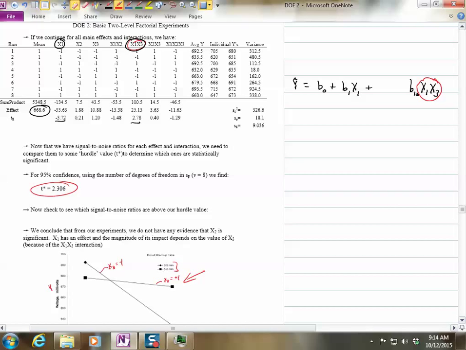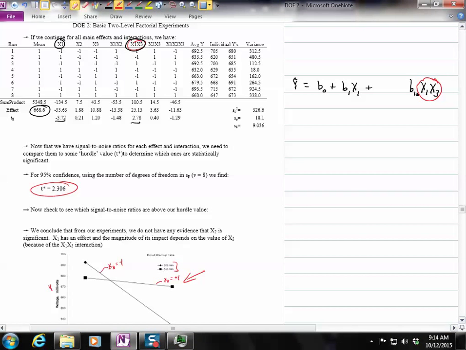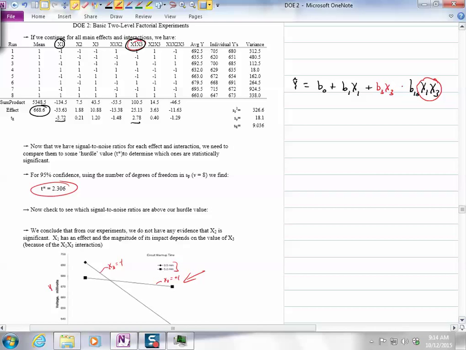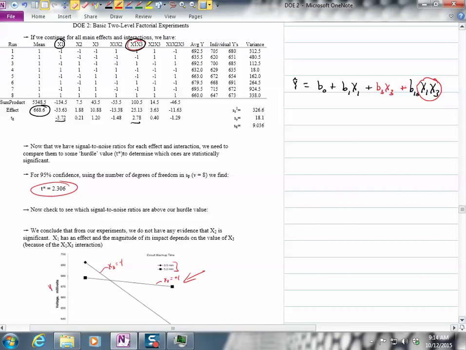Because X1 and X3 interact, we will have main effects for X1 and X3 in our model. So we would include the insignificant X3 main effect because it appears in this interaction effect. Not everyone does that, but that's the most common practice.